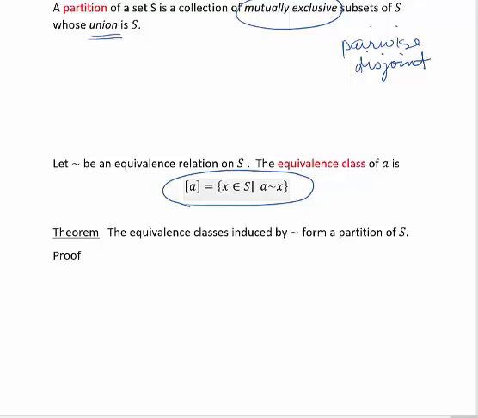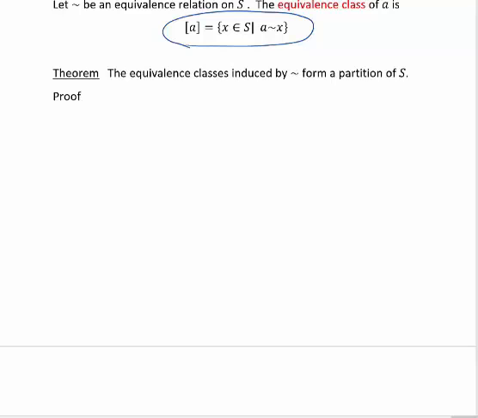So we can't go through a lecture without at least one proof. Let's prove that the equivalence classes induced by an equivalence relation squiggle form a partition of S. So there's a lot for you to learn in this proof.